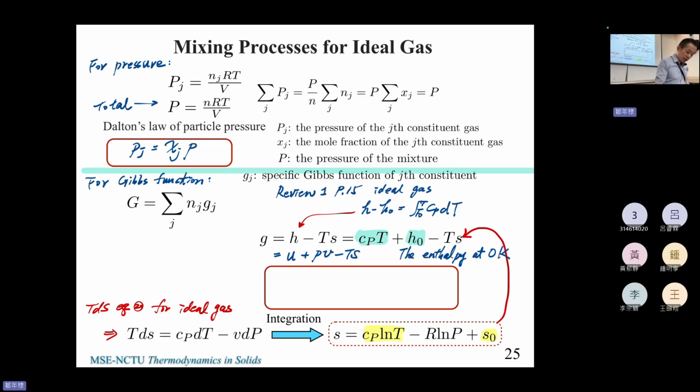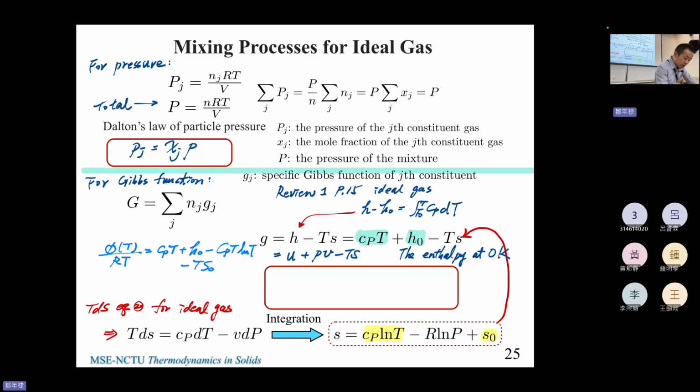Okay, so we can write down phi T over RT equal to CPT plus H naught minus CPT natural log T minus TS naught.